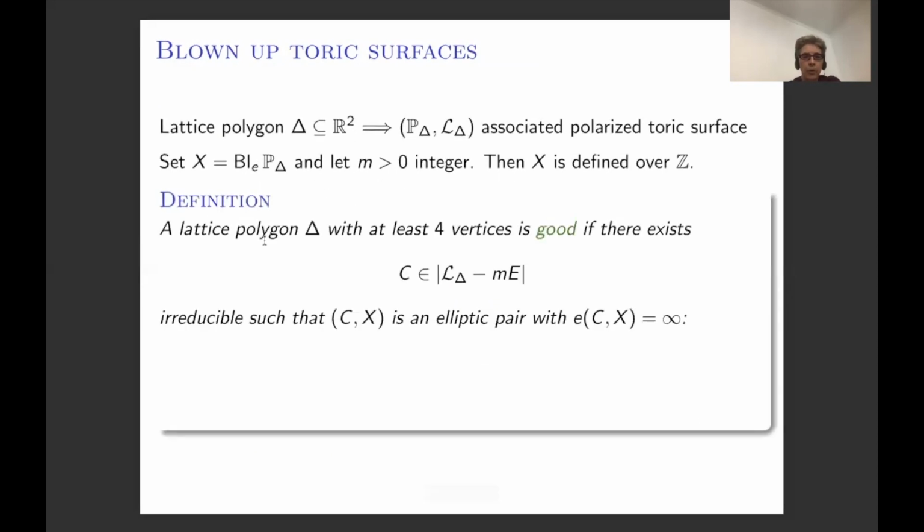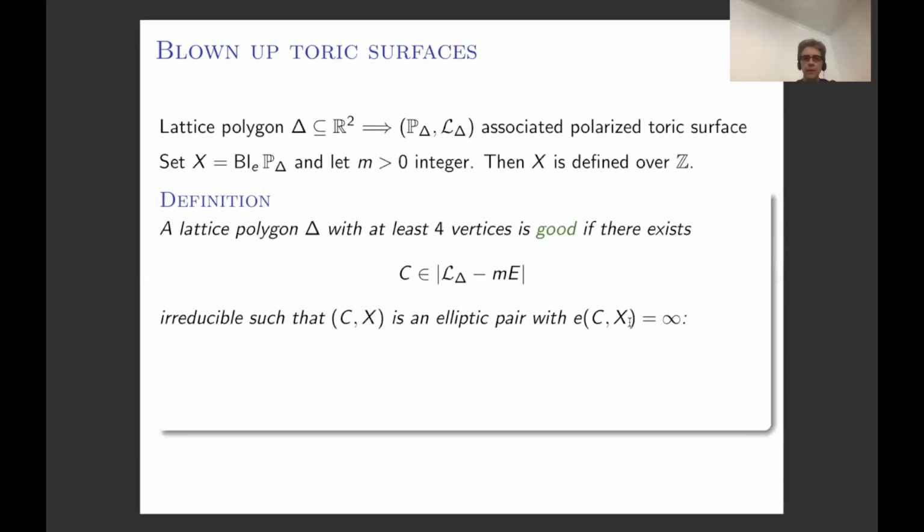And so I'll call a lattice polygon good if it has at least 4 vertices, and in the linear system of this L delta, there is a curve with multiplicity M at the identity point, where E is the exceptional divisor corresponding to this point, such that this curve is irreducible, and it gives us an elliptic pair of infinite order.